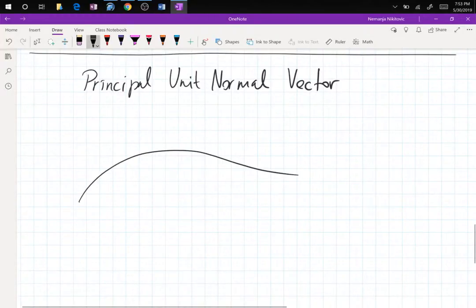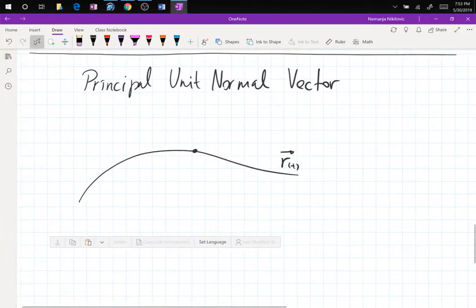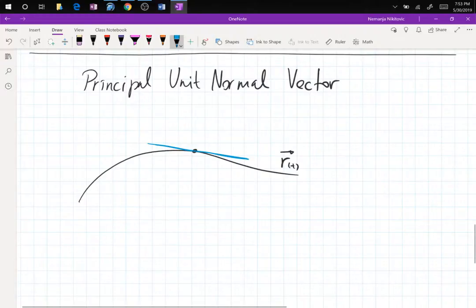So if you have some kind of a curve r of t and you pick a point somewhere, you can get the tangent line at that point and then 90 degrees to it there will be this normal vector N. If you pick a different point, let's say here, then your tangent vector would be this one, and the normal vector would be 90 degrees there.